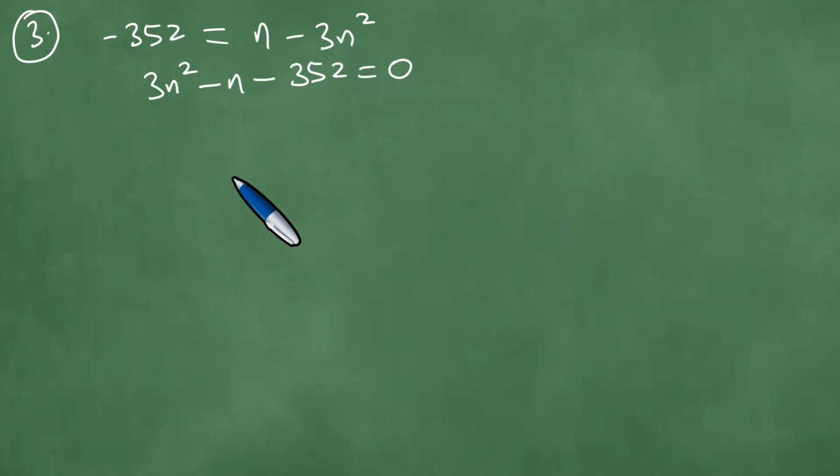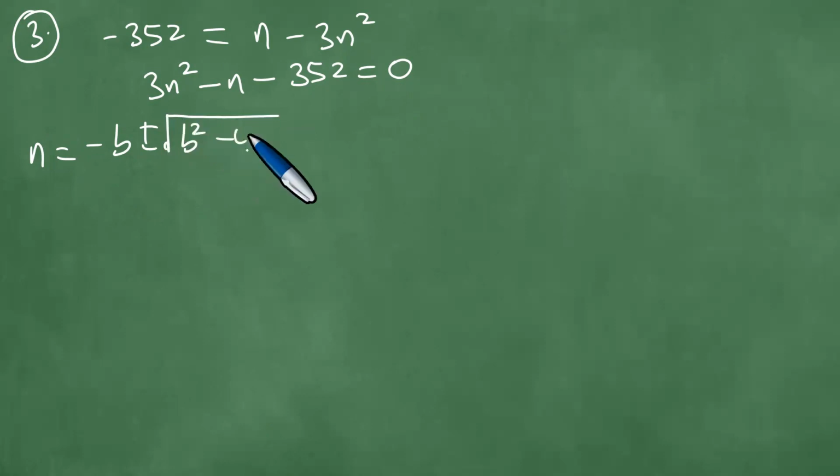Now we need to analyze this and solve for n. There are a couple of ways to do this, but one way is to use the quadratic formula: minus b plus or minus the square root of b squared minus 4ac, all over twice a.